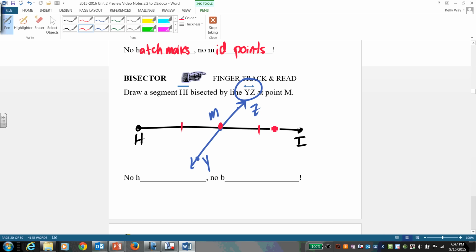That means HI is being cut in half by that line. So this right here would be considered a bisector. Anything other than a point that goes through the middle is called a bisector, and we would call exactly point M a midpoint.